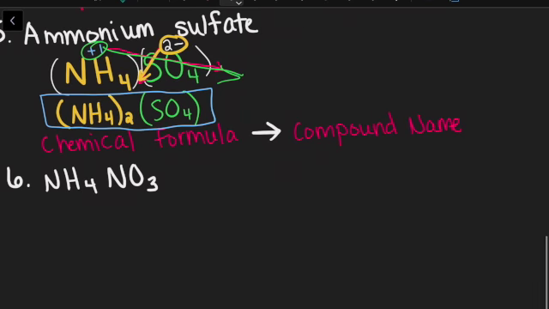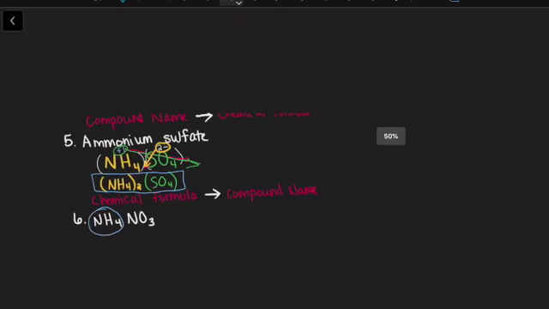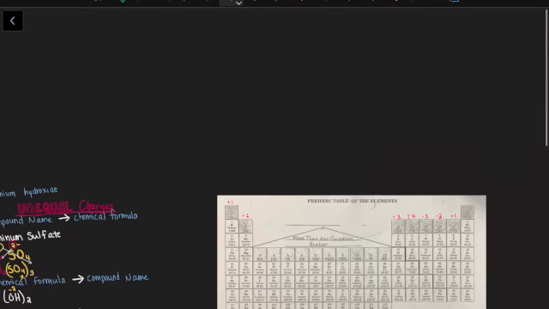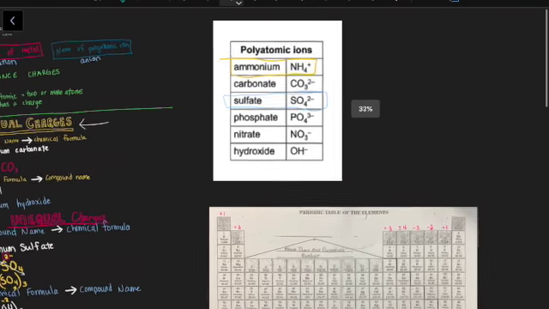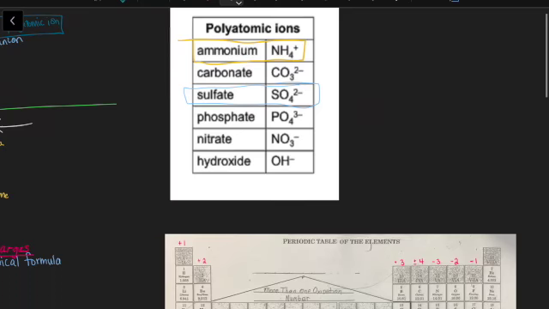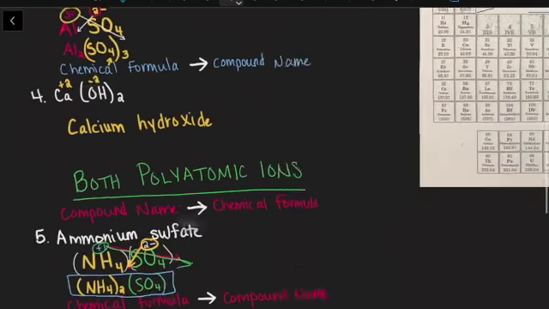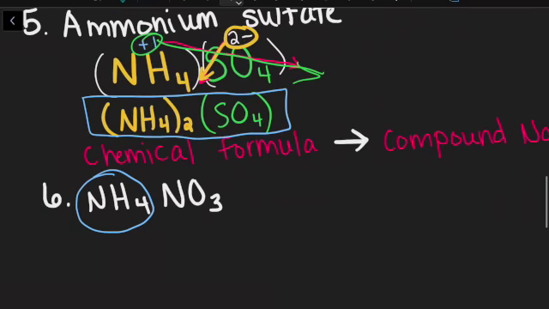Alright, now backwards. Chemical formula to compound name. Let's find NH4. So let's go up to our chart, and this may not be on the chart actually. NH4. Well, hello there. It is ammonium. Alright, NH4, it has a +1 charge, and it is ammonium.